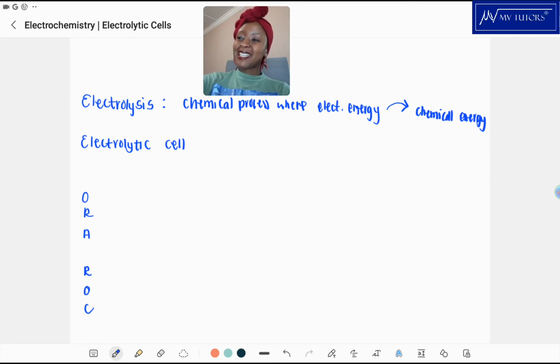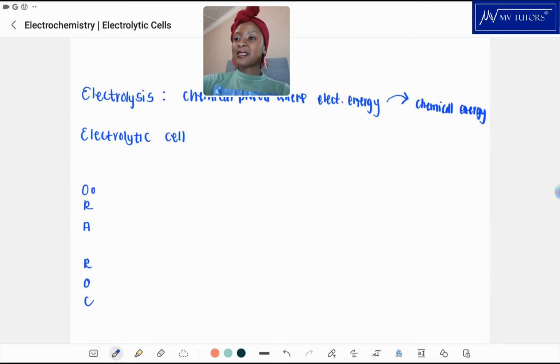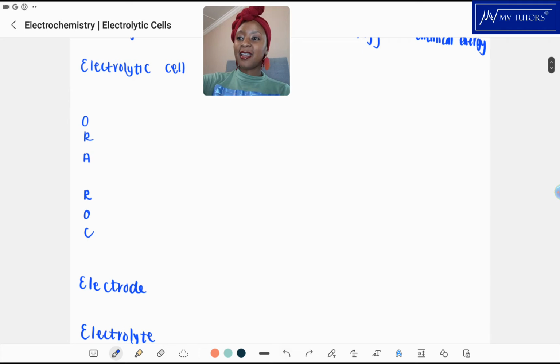So O in this case would stand for oxidation, R will be referring to the reducing agent, and then A, we talk about the anode.